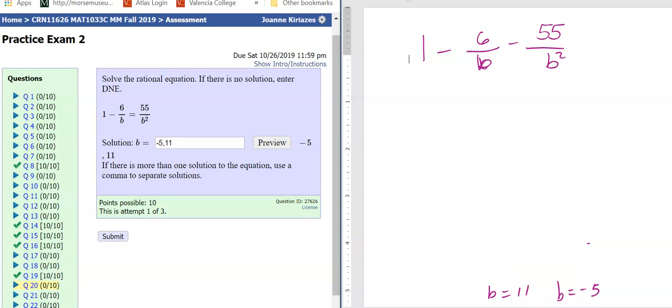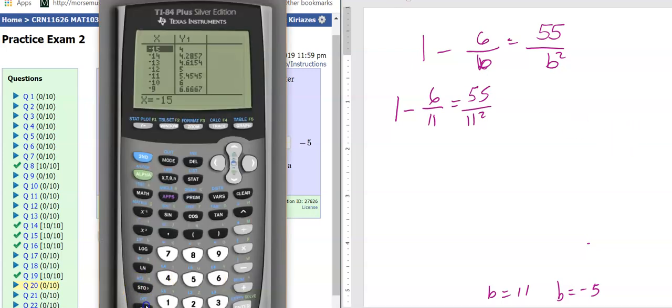So first I'm going to do b as equal to 11. So it'll be 1 minus 6 over 11 is equal to 55 over 11 squared. Okay, so you can use your calculator. Let's go ahead and just show you how that works. Second quit if you get this screen. So 1 minus, and I like to use parentheses, 6 divided by 11.